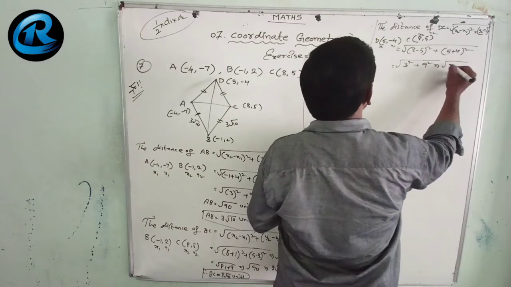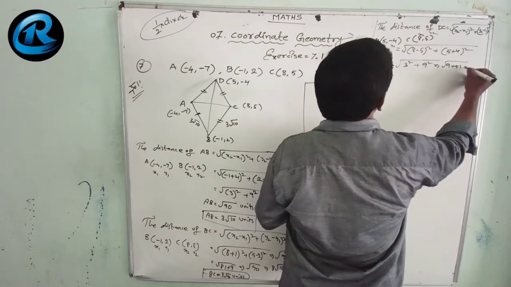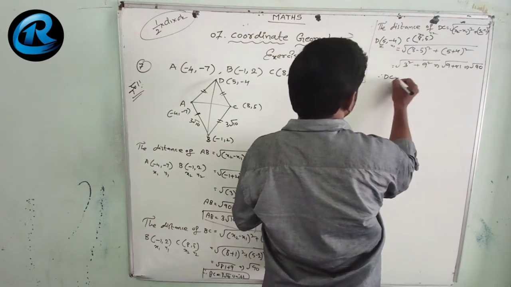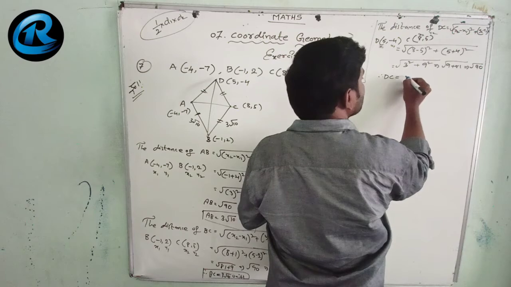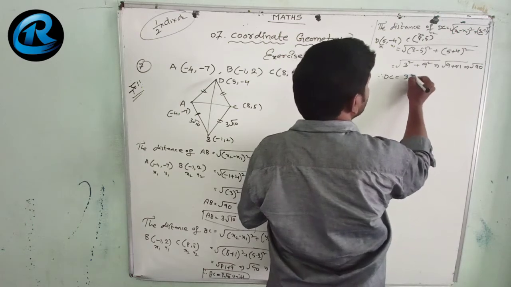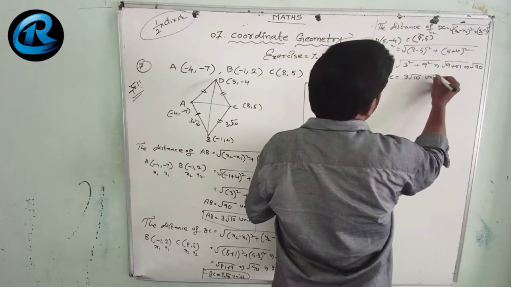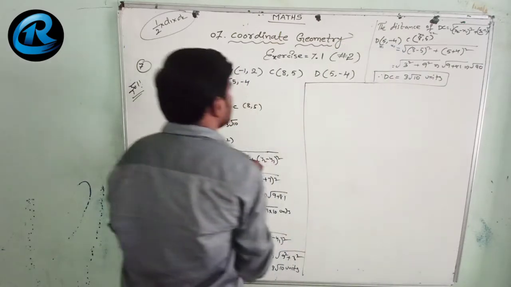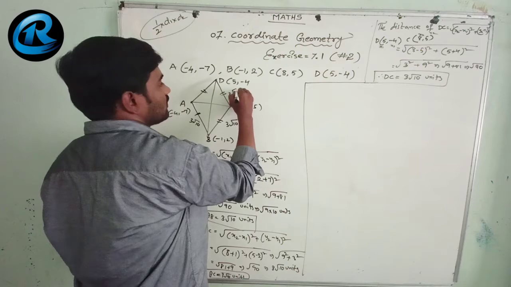That equals 9 plus 81, that equals under root of 90. So hence DC equals root 90, which is nothing but 3 root 10 units. Then we got this is also 3 root 10 units.